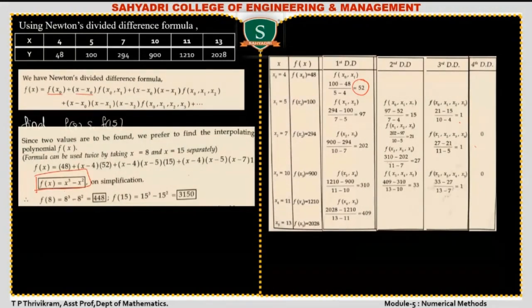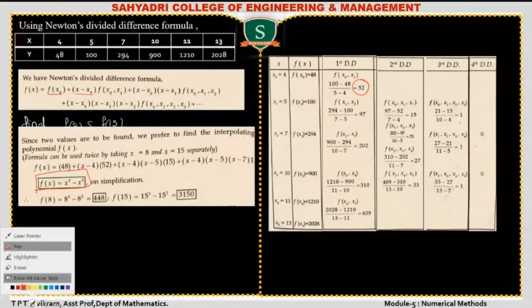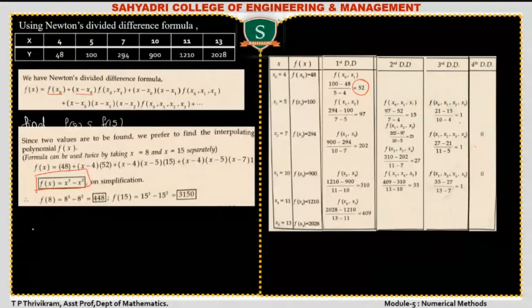Substitute the x value. That means we need to find f of 8. So we need to find f of 8. But what is the polynomial here? x cube minus x square. So 8 cube minus 8 square.